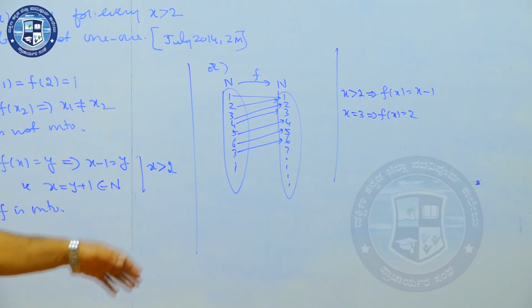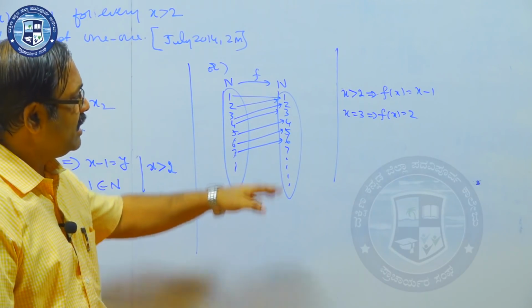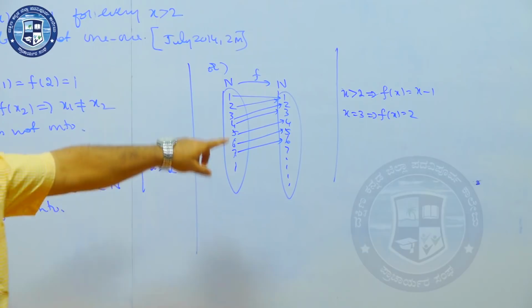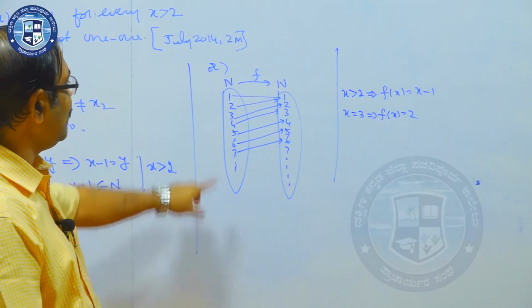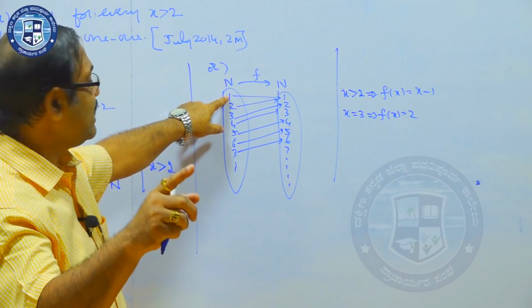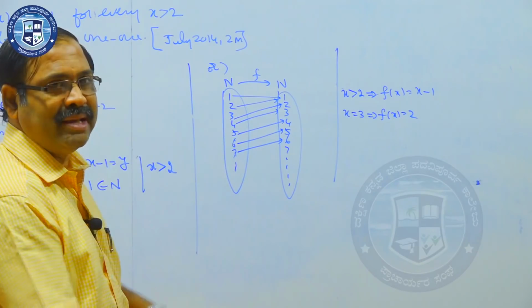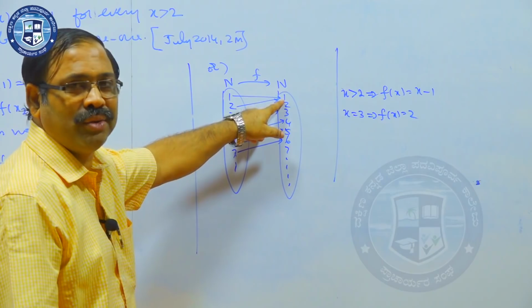So we observe that all the elements of the codomain set will be images. Just observe this, but it is not one to one. Why is it not one to one? Because the definition of one to one is distinct elements have distinct images, but is it like that? 1 and 2, both of them are going to 1.